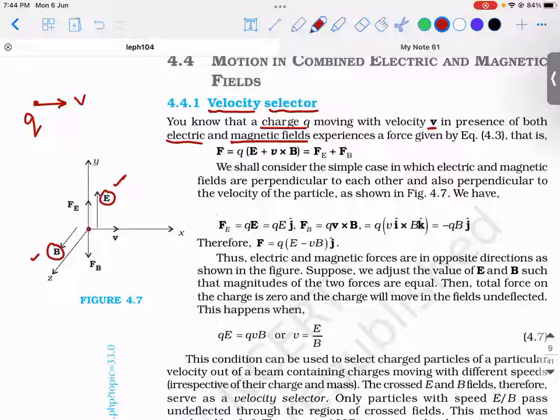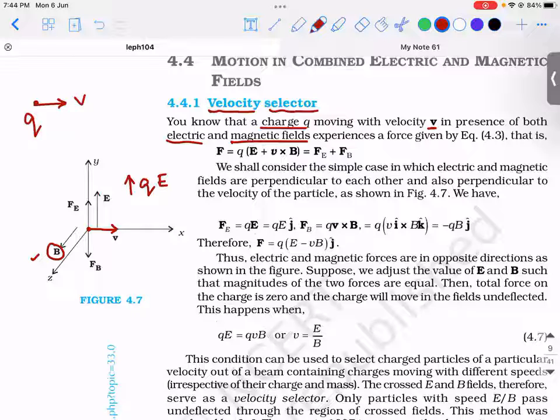When you project it mutually perpendicular to both, then due to the electric field, the charged particle will experience a force in the direction of electric field of how much value? Q into the value of electric field, qE.